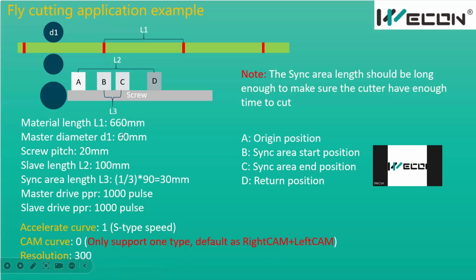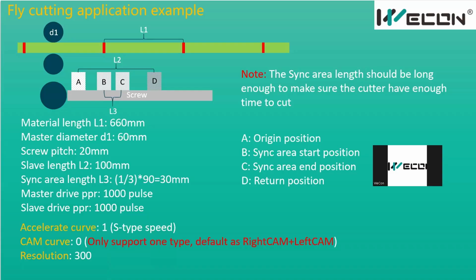And we can see the other parameters are also the same. Acceleration curve. Here I select one, S type speed. But for the cam curve of the fly cutting, we only support one type. In fact, this parameter doesn't take effect.